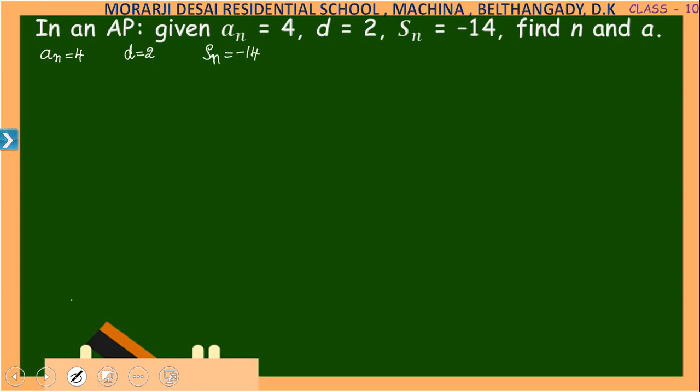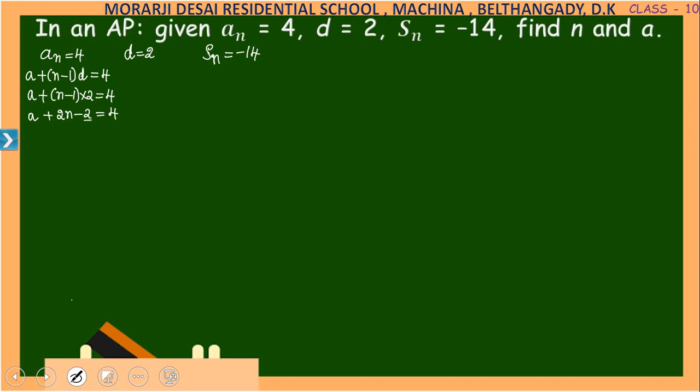Now here we don't have the value of a and we don't have the value of n also. So an is equal to a plus n minus 1 into d, that is equal to 4. Now a we don't have, n also we don't have, d is 2, is equal to 4. That is a plus n minus 1 multiplied by 2, that is 2n minus 2, is equal to 4.